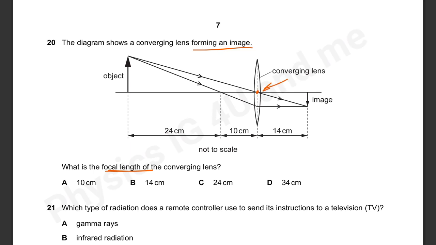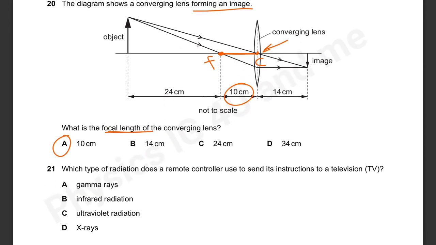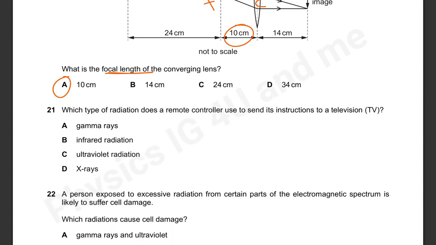The focal point will be this. This is F and this is C. The distance between them is the focal length, which is 10, and it's option A. So question 20 is option A. I hope it's clear.